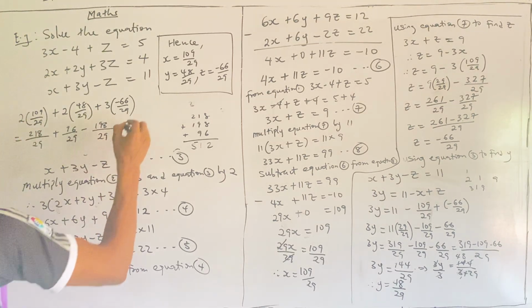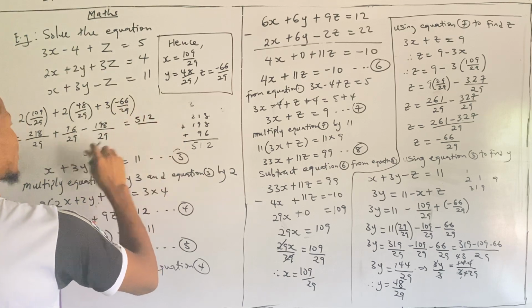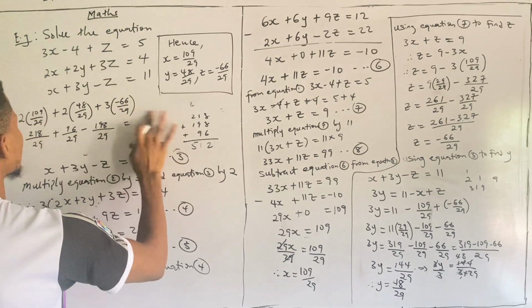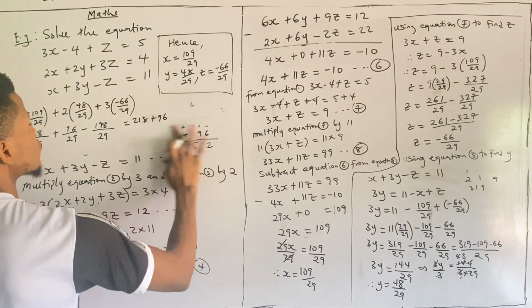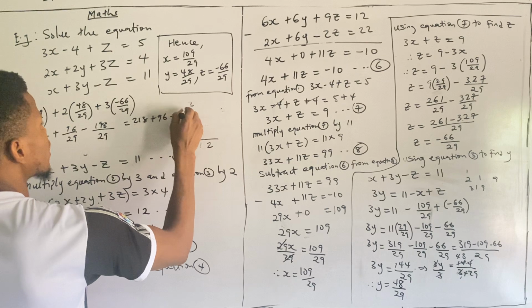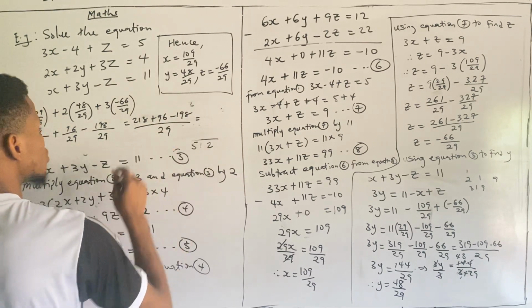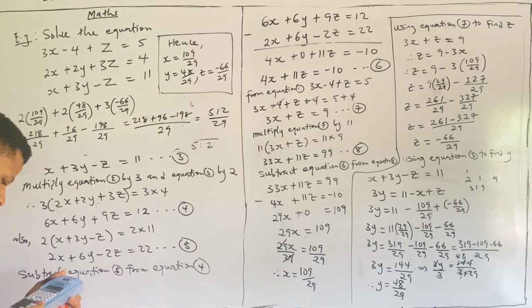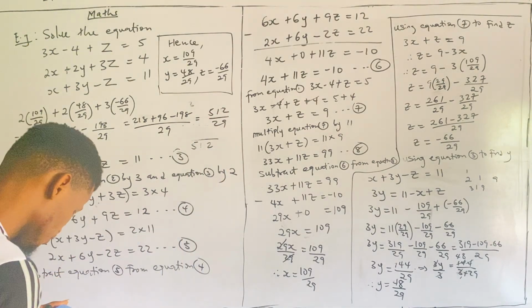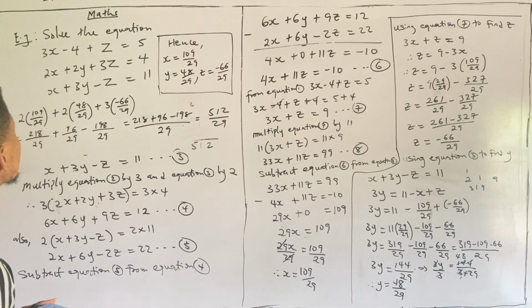So at this point we have 512 divided by, remember we summed everything, which is 218 plus 96 and minus 198, all over 29. So 5112 divided by 29.